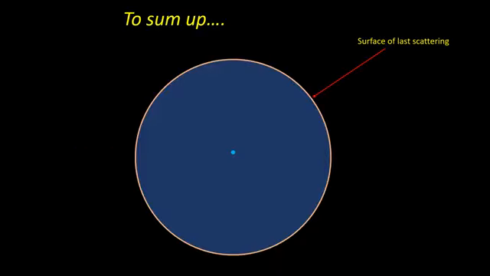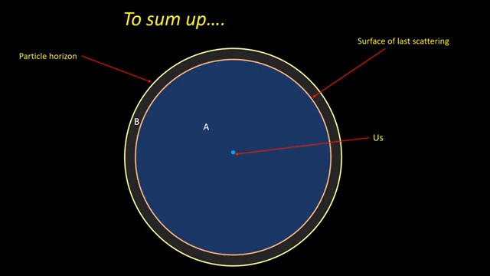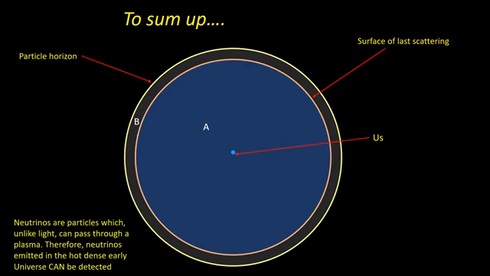So just to sum up, the surface of last scattering is a spherical shell which is the greatest distance which light emitted by an object in the past can reach us. We can only see light from objects within the surface of last scattering. The particle horizon is slightly further away, so there are a few things such as neutrinos which pass straight through the early universe.